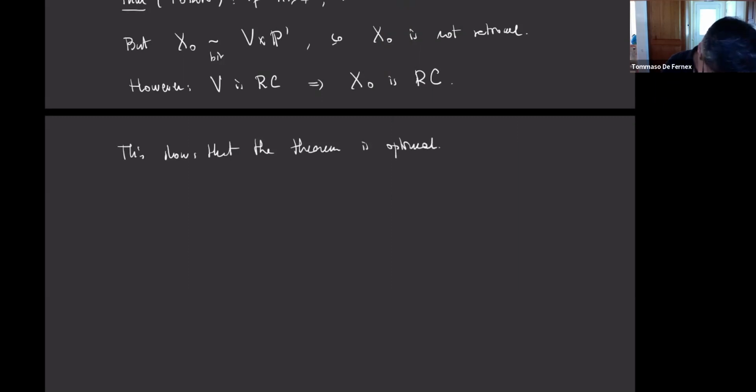Maybe just two remarks, and then I finish. Maybe Totaro and then Perry work out more examples, where X0 has milder singularities.